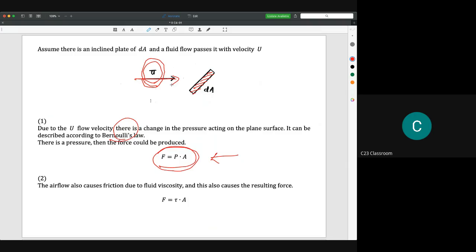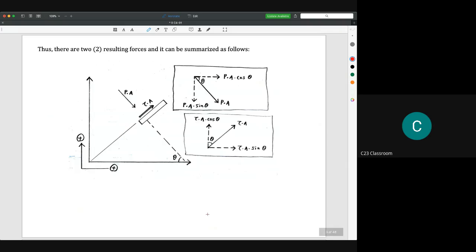From that shear, with the no slip condition, the shear stress will lead to a shear force, and we could write another force, which is F equals tau times A. So in this situation, we have two forces.